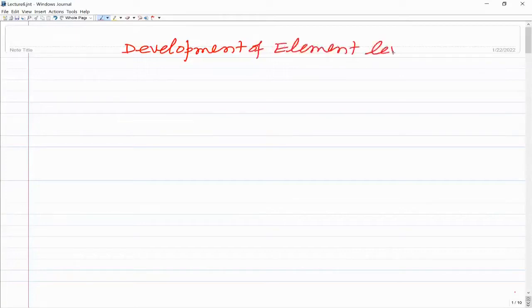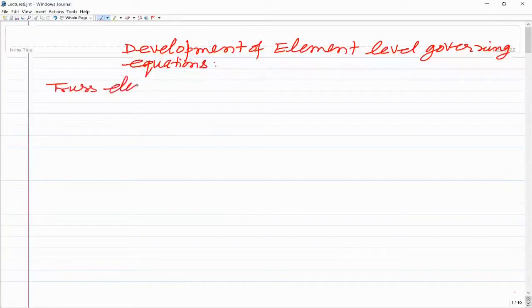I am going to take different elements and demonstrate that. First, the element I am going to take is a truss element, and this is a 1D element, basically a one dimensional element.